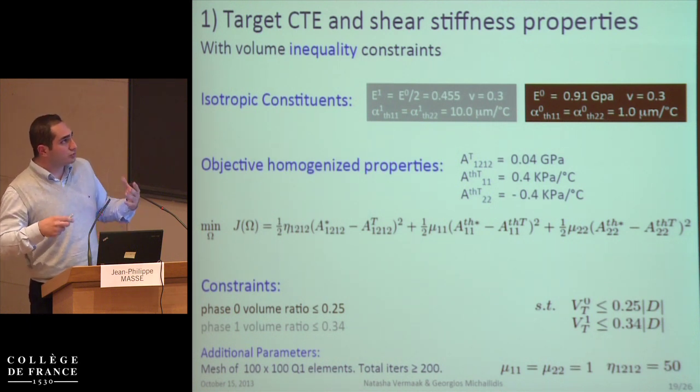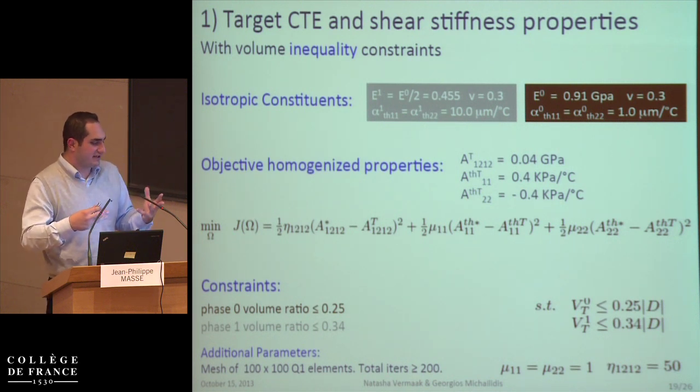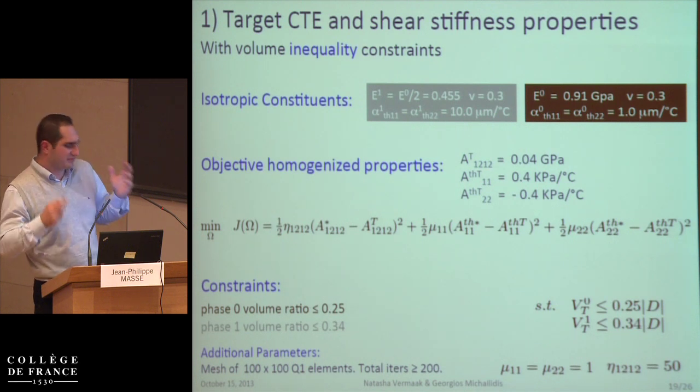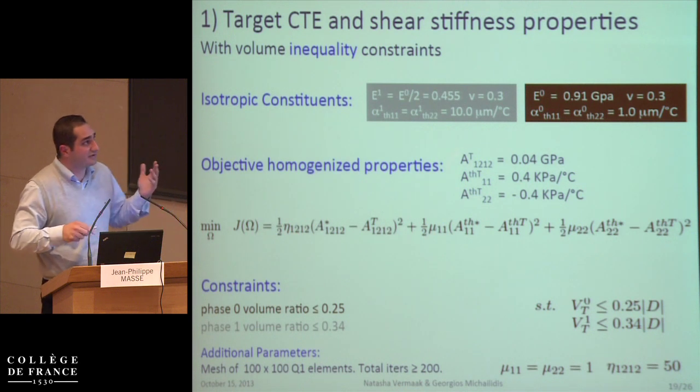And we want to mix them in order to find the unit cell configuration which will give homogenized coefficients that approach as much as possible these target values here.